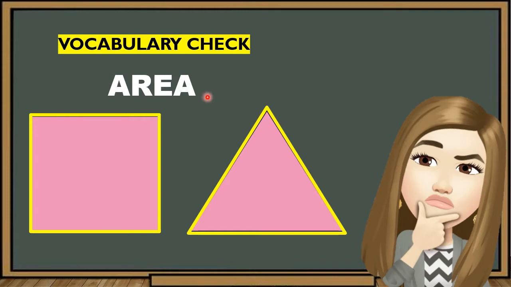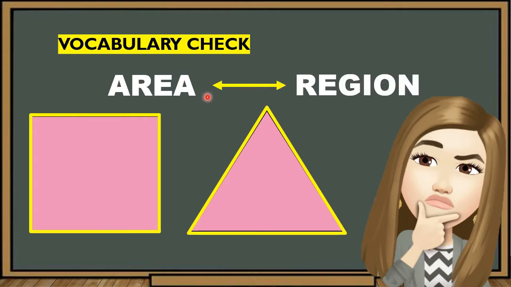So area is synonymous to region. So just imagine the map of the Philippines. The map of the Philippines is divided into different regions. At ang bawat region ay may sukat kung gaano siya kalawak, and yun ay may kanya-kanyang area sila. So that is already area.